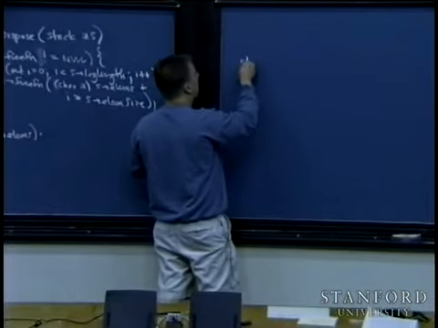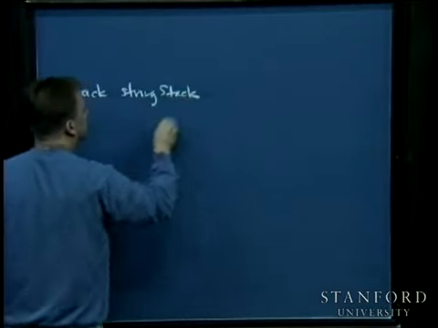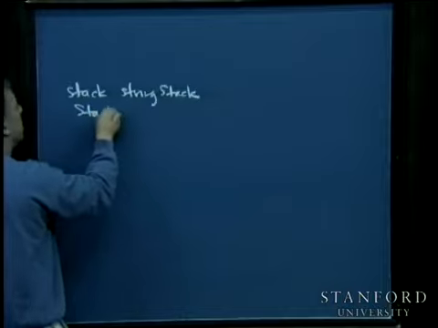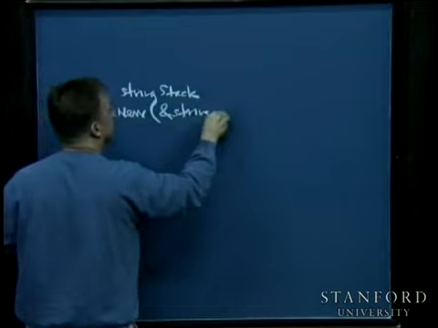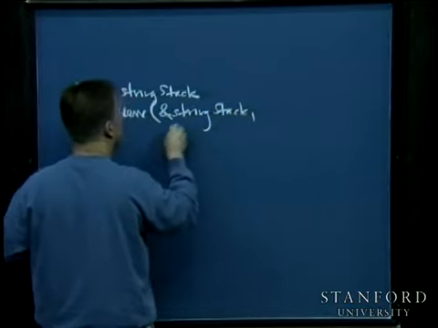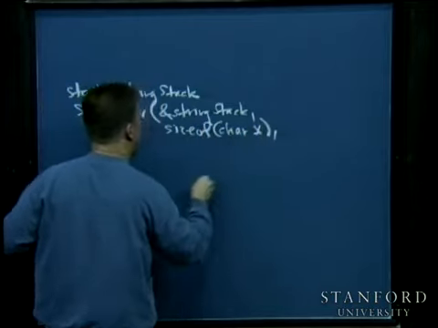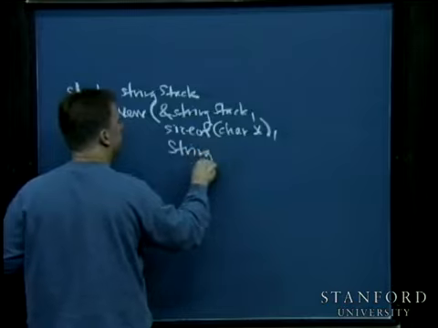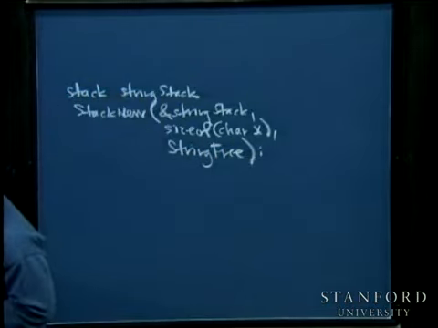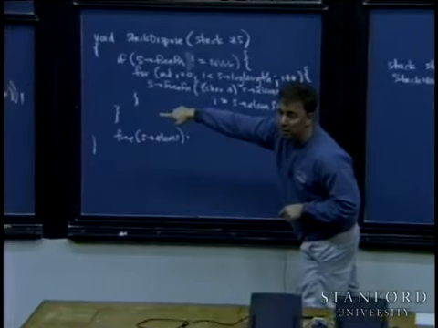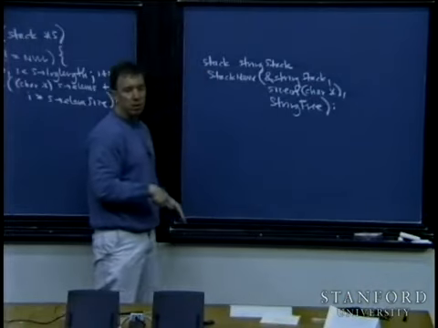That means when we declare a stack called string stack, and we call stack new, with size of char star, and I want to pass in some function called string free. I'm just contriving the name. I do know that it has to match that right there as a prototype. It has to take a void star and return nothing. I have the responsibility of actually writing the string free function.